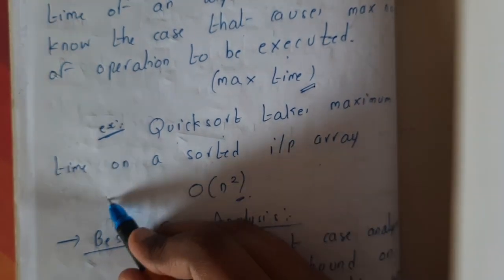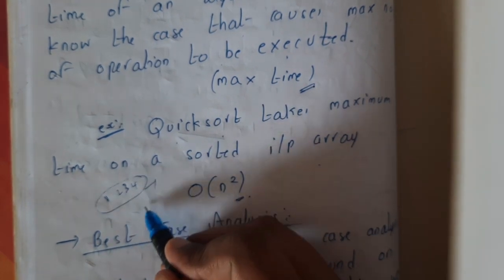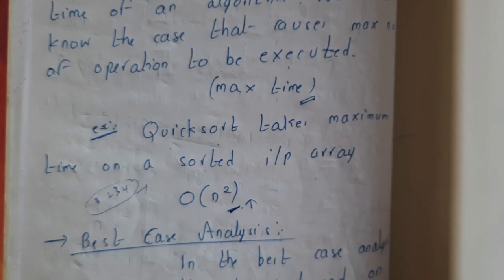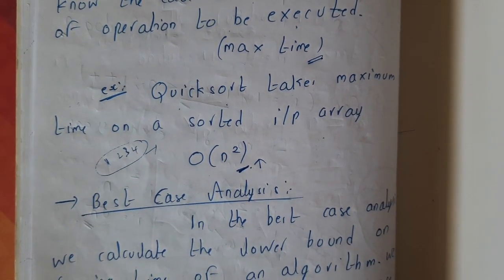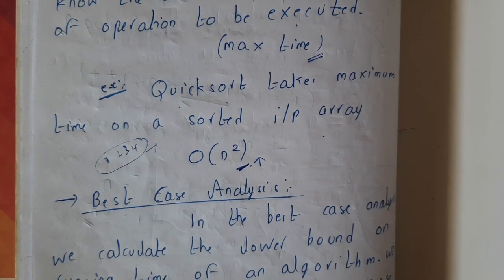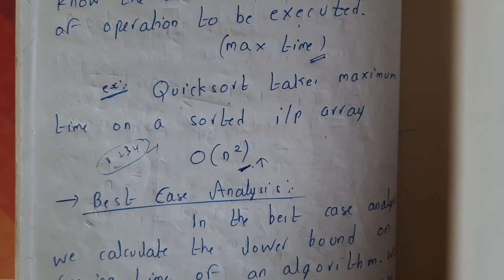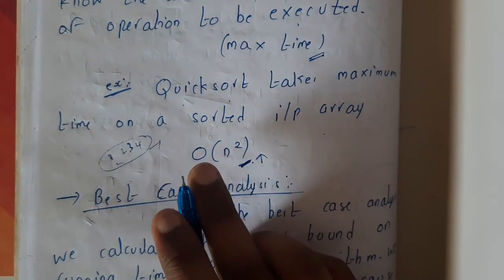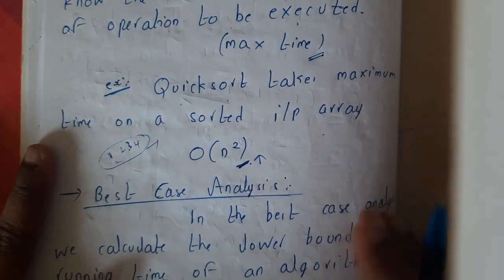If you give 1 2 3 4 and ask quicksort to sort it, it will take n square time. Sorting algorithms are designed for sorting elements, not to sort already sorted elements, so it checks everything and makes the same list again, wasting time. This is the worst case in quicksort. Remember, worst means maximum time.